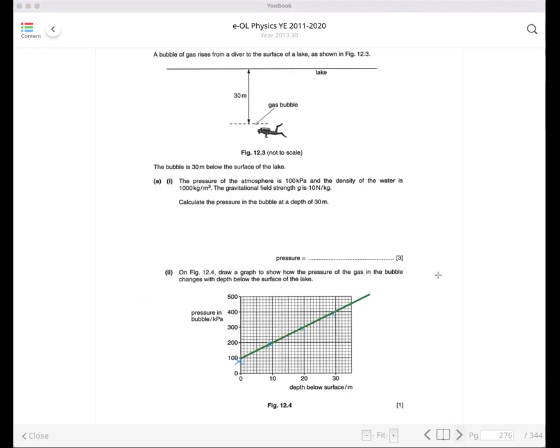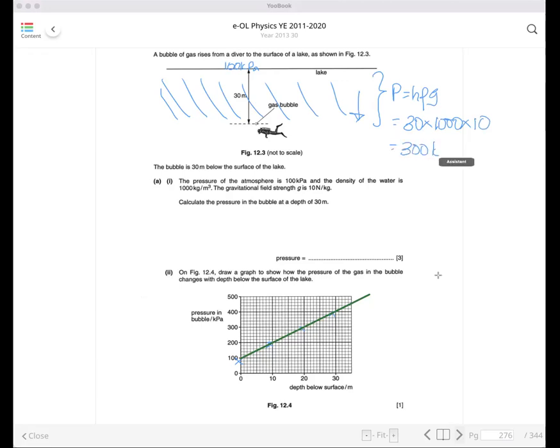Okay, so at the surface, you will have a pressure of 100 kilopascal. And this amount of water acting at this point is called H rho G. Your H is 30, your rho is 1000, and your G is 10. So you'll get 300 kilopascal. So can you see?